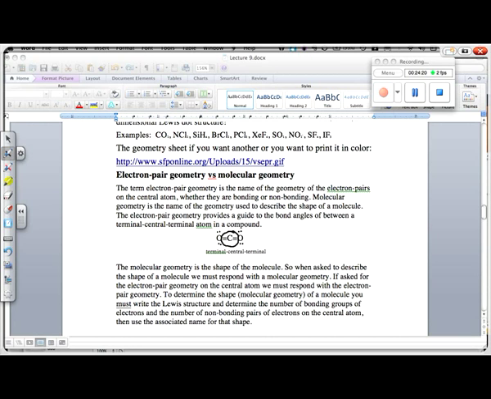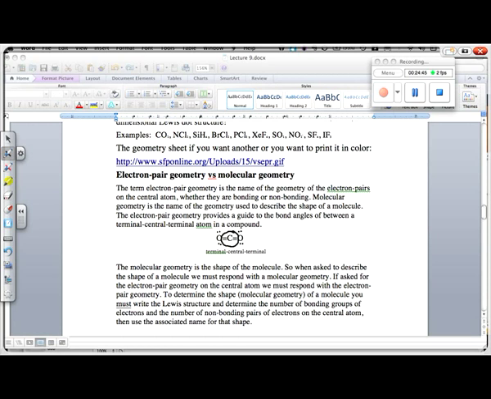So we're going to be counting up the number of groups of electrons around the central atom. Now, double bonds still count, each of these double bonds still counts as one group because it's just a large group. In space, they are in the same place. So we are placing electrons in space, so double bonds still count as one group.